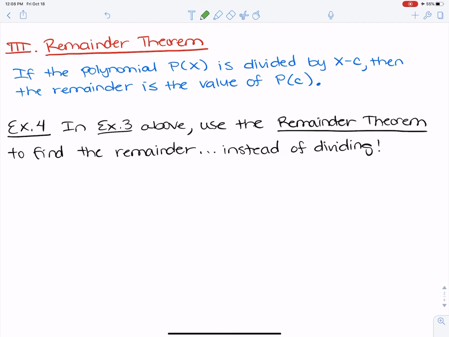So remember, the example above was 2x cubed minus 7x squared plus 5 divided by x minus 3. This was the original problem. And so we are going to find the remainder.